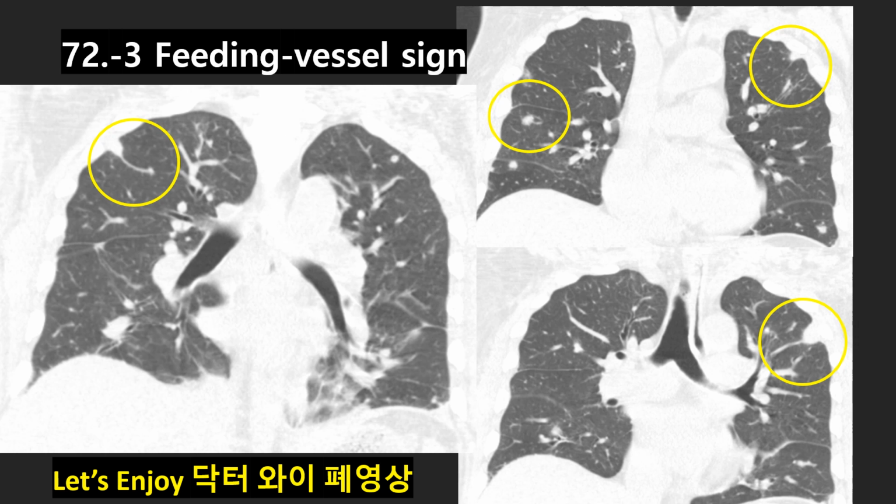Please look at these yellow circles. They are indicating the feeding vessel sign, feeding pulmonary arteries, but actually they are not going through the nodule. They go around the nodule or they are pulmonary veins.